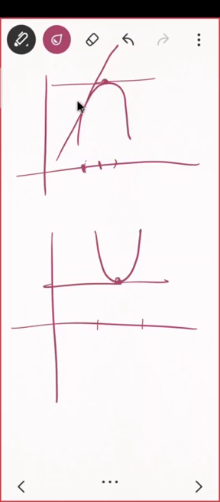That means f dash of x is positive here. Correct, because the angle will be from 0 to 90. And in the first quadrant, tan of any angle is positive. Everybody is positive in the first quadrant.